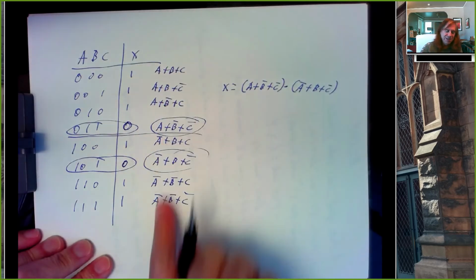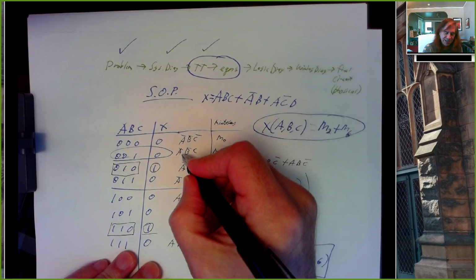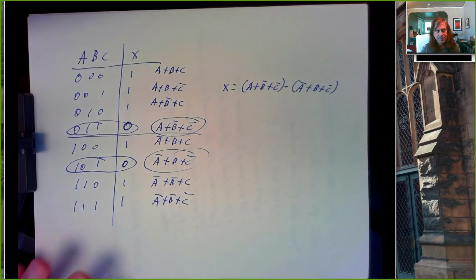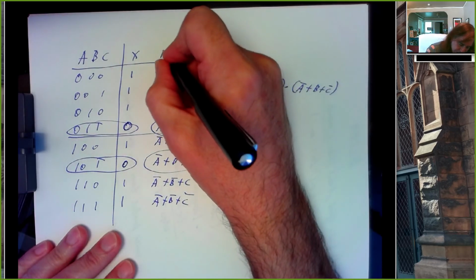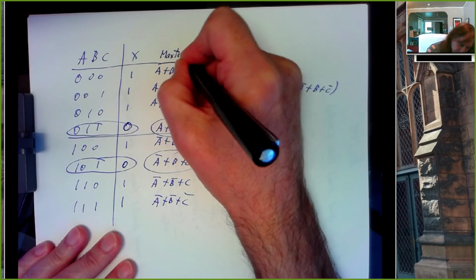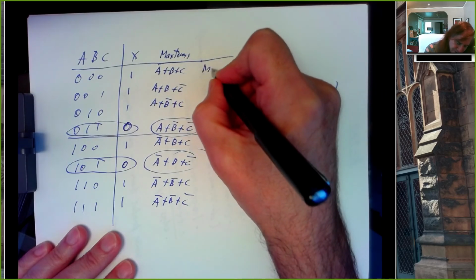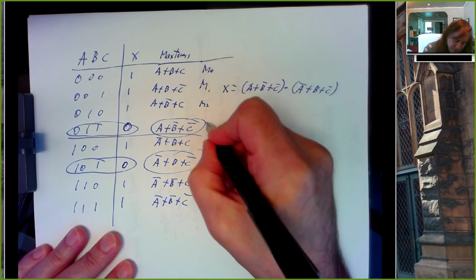And we put plus signs in between these instead of the implicit AND operation. We do ORs. And these things are called max terms. And we have abbreviations for them, which is an uppercase M, 0, 1, 2, 3, and so on.